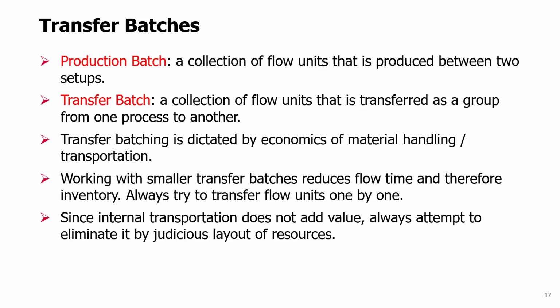So for example, in an assembly line, of course, we put station 1 next to station 2 and then station 2 next to station 3 so that the scooters can be passed from one station to another easily. The same thing, maybe the production of the parts for the scooter should be located such that it doesn't take too much effort to transport the parts to make them available for the assembly line.